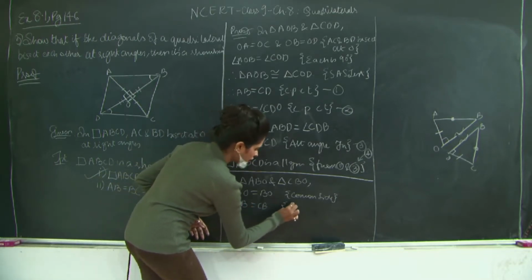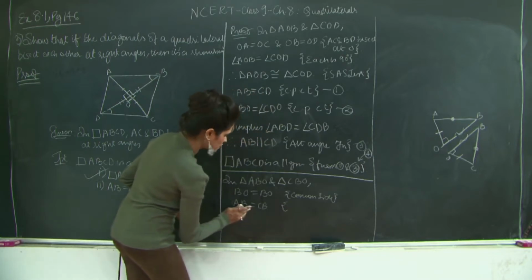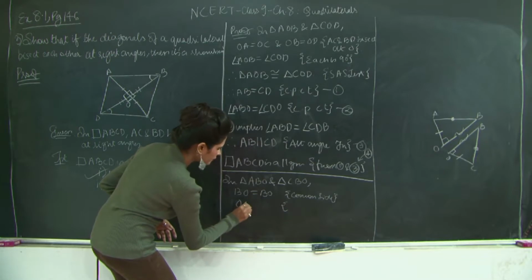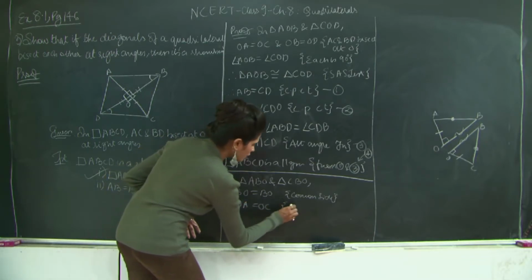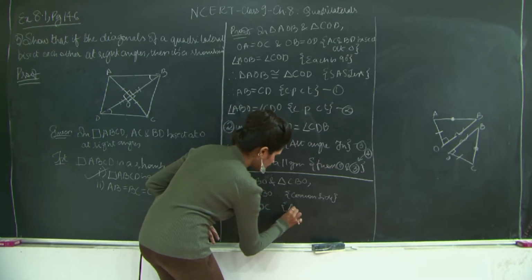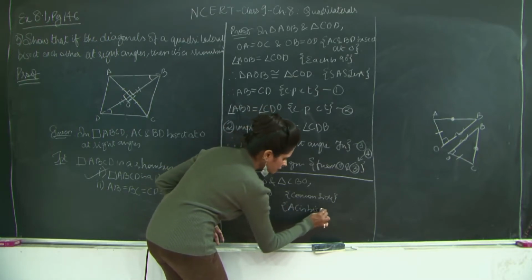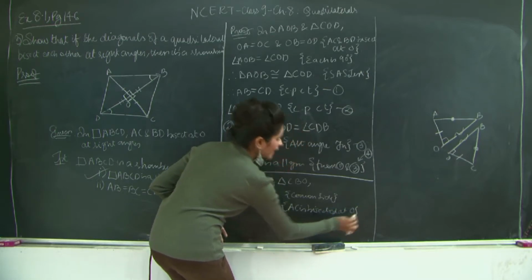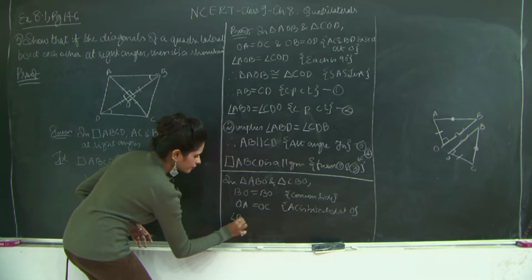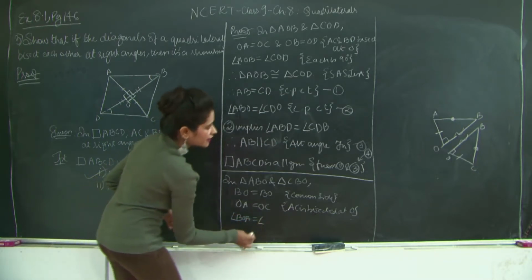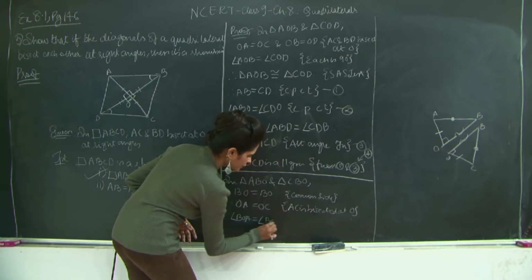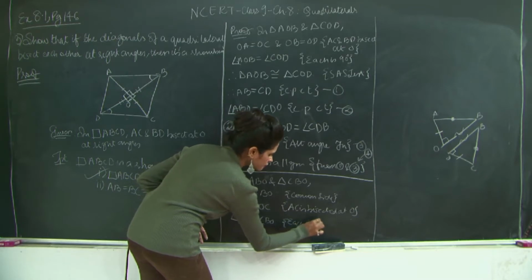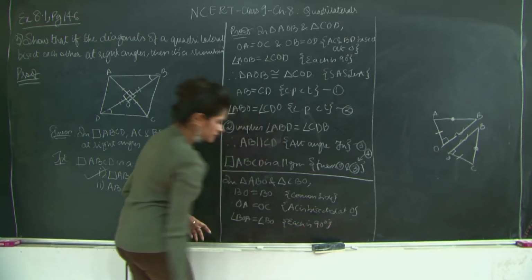Why? Sorry, AB is equal to CB is something we need to prove. I have OA is equal to OC. Why? Because AC is bisected at O, and I have angle BOA is equal to angle BOC because each is 90 degrees. Therefore, what can I say?